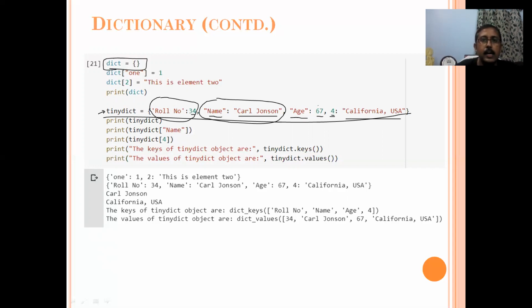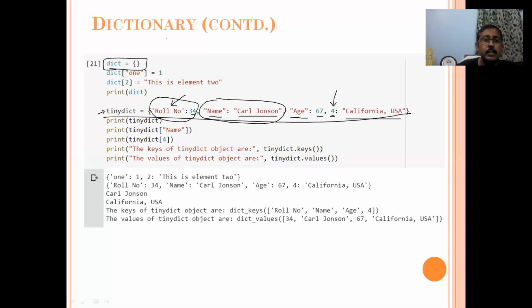This is another point I want to draw your attention to. You can have the keys either as strings like roll number, name, age, or you can also have them as a number or an integer. That is also possible. So integer, string, or a mix of both is possible.